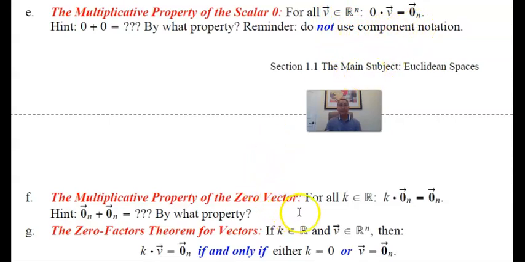And we also have a similar property for the 0 vector, where this time, if you multiply the 0 vector by any scalar k, you again get the 0 vector. So there's a hint here and a hint here, and our second example on the zero factors theorem also generalizes to vectors. For all scalars k and for all vectors v, then k times v is the 0 vector if and only if either k is 0 or v is the 0 vector.